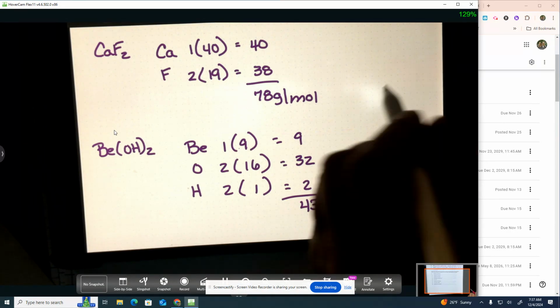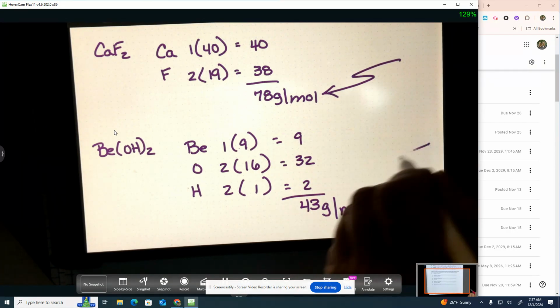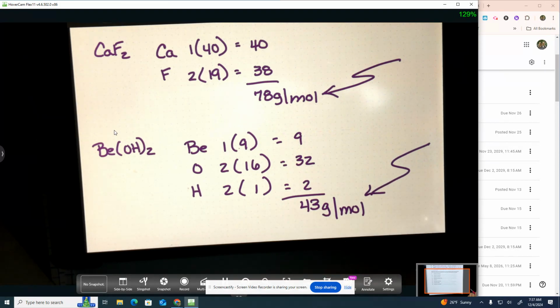This number that we're calculating right now is very important. We're going to be using it a lot. Okay? So you need to know how to find how many grams are in 1 mole of a specific substance. So they have to give you a substance and they'll say how many grams are in 1 mole.